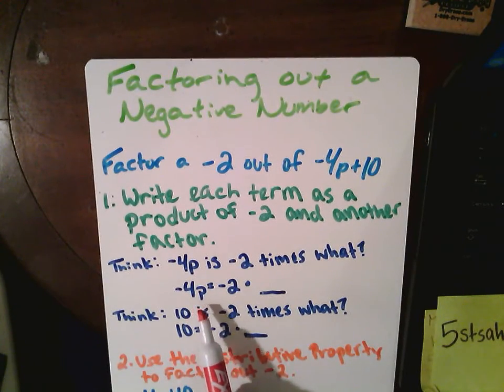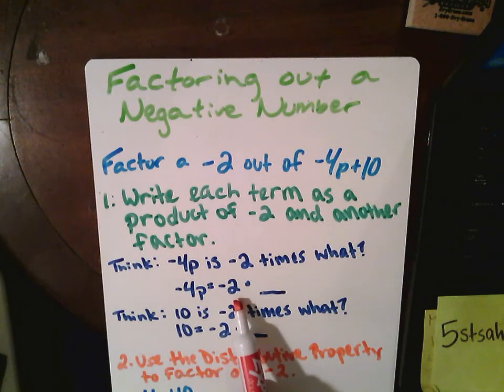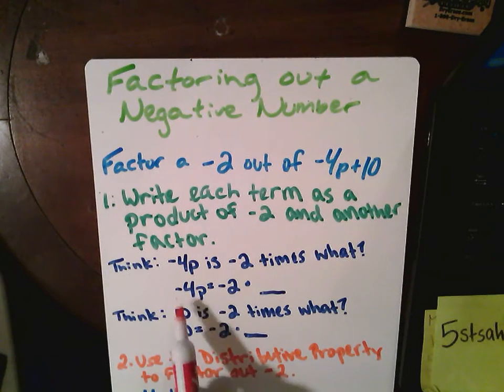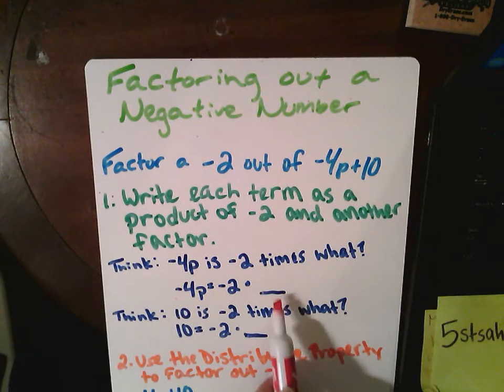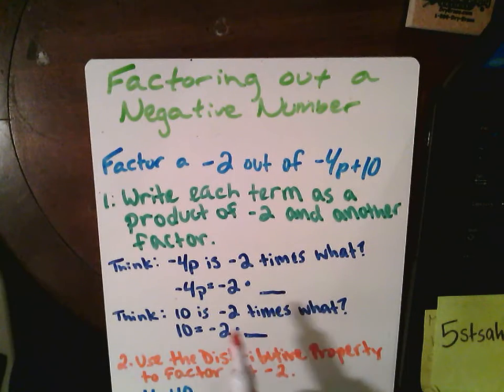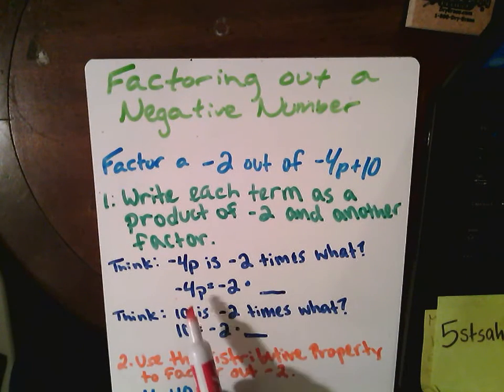So when I look at -2 comparing to -4p, I have a negative there, and if you remember, a negative times a negative gives us a positive, and since our answer is going to be negative, we know that this has to be positive, because a negative times a positive gives us a negative.